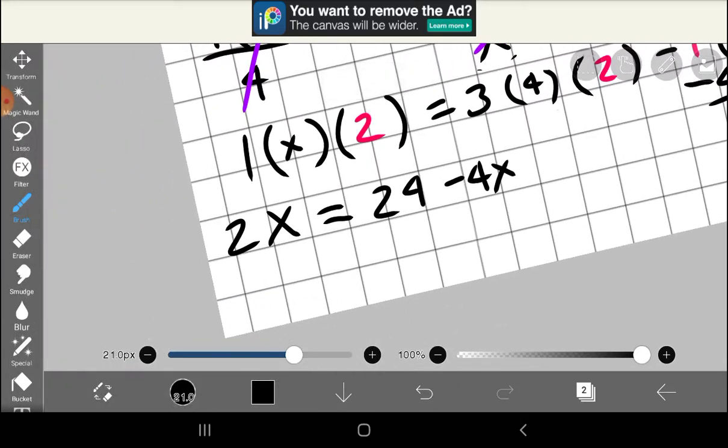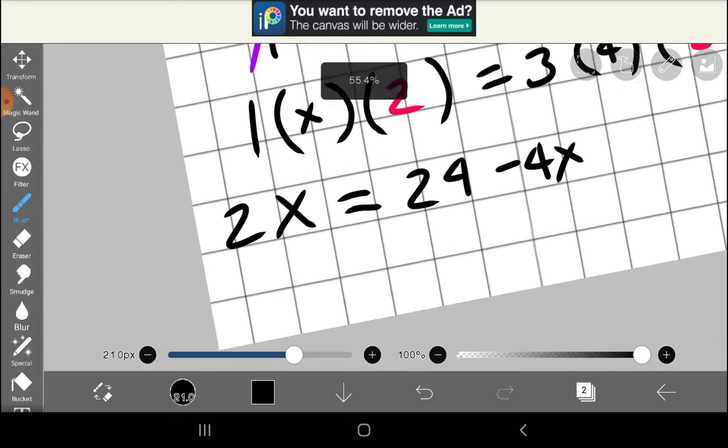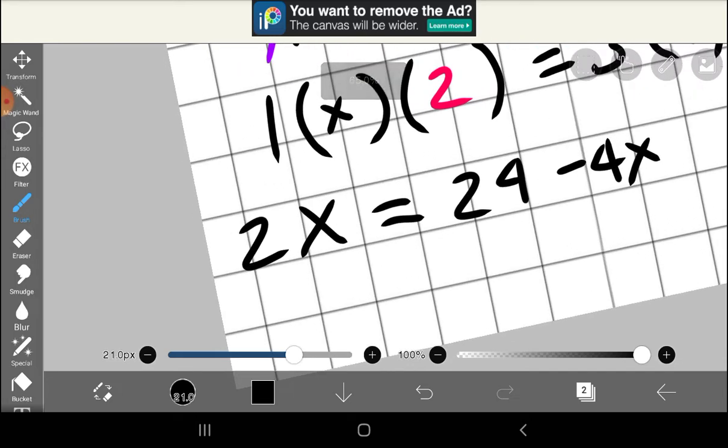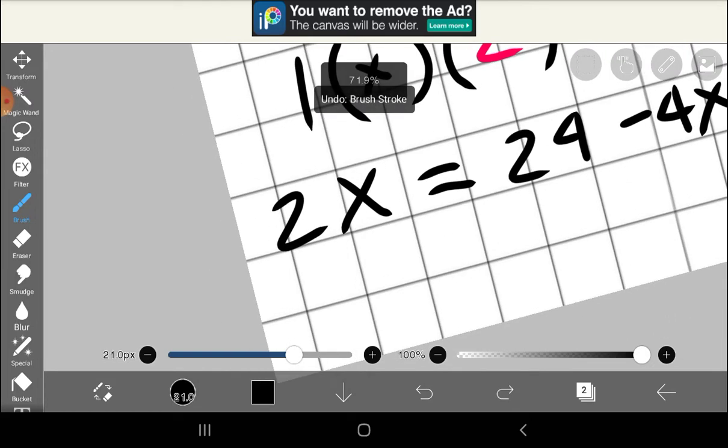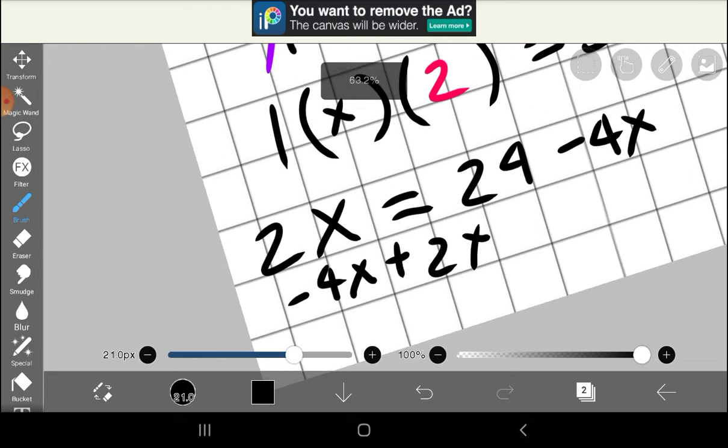Now, combine like terms. Before we combine, we need to transpose x to the front. So it will be negative 4x plus 2x equal to 24.